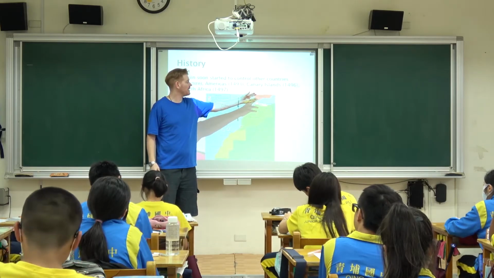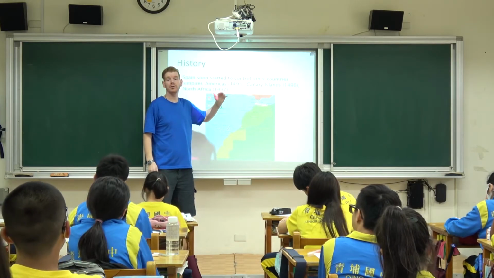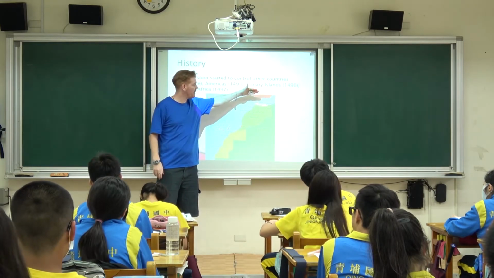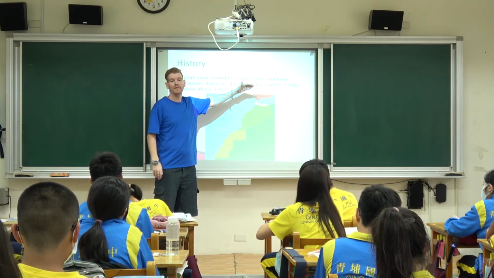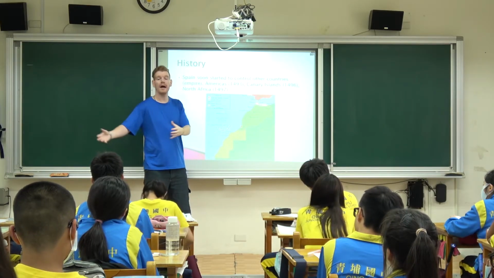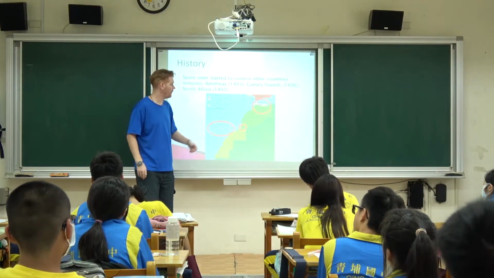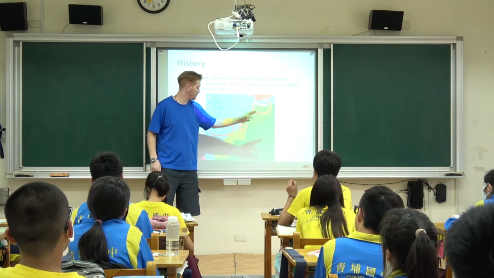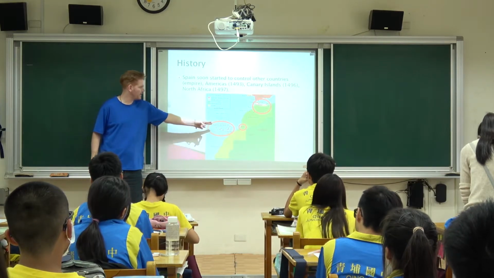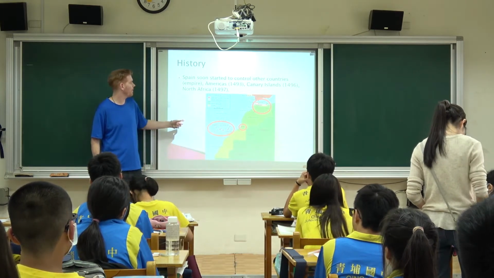And the Spanish continued to attack the Moors. So after making them leave Spain, the Spanish then went to North Africa and took land from the Moors. So up here, took the Canary Islands.